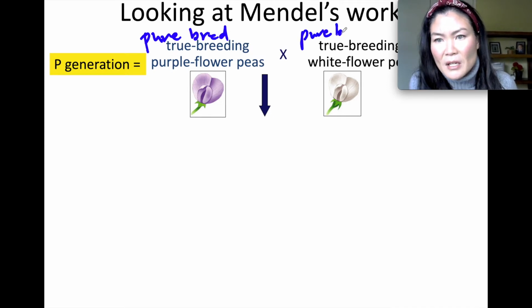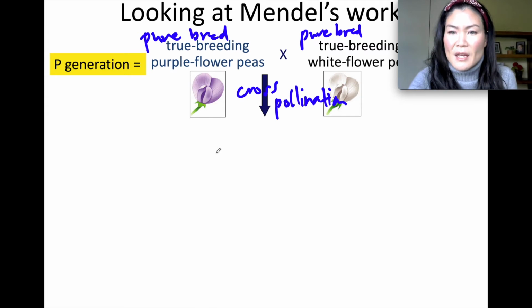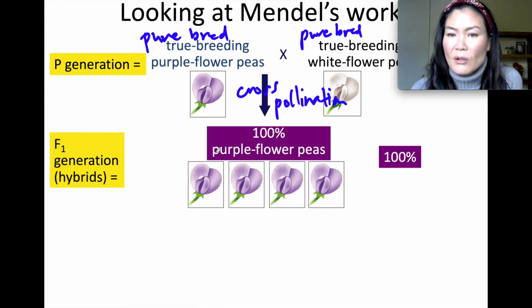And he cross-pollinated them. So now you guys know what cross-pollination means, right? Taking the pollen from one plant and applying it to the carpel of the other. And then he produced the F1 generation, and they were all purple.